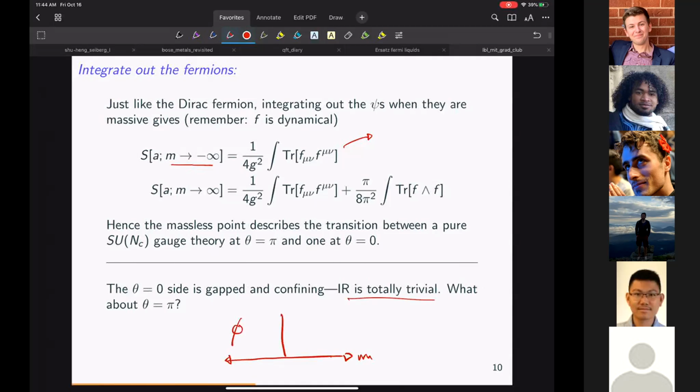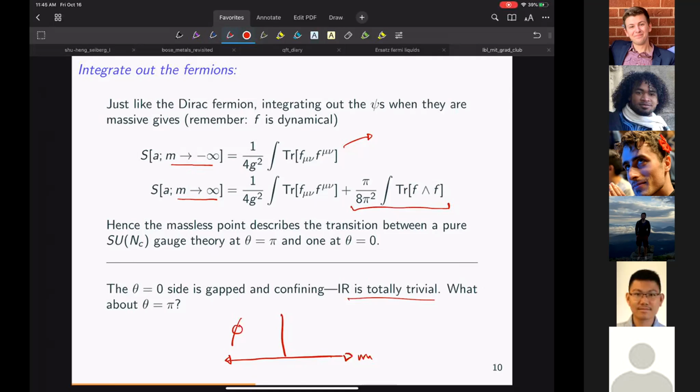Now, on the other hand, what happens when we make M very large and positive? Just like what I said with the topological insulator, when we have a Dirac fermion with a very large positive mass, and we integrate it out, if it's coupled to a gauge field, it produces this kind of term for the gauge field, this theta term. I asked you just to believe me on this.